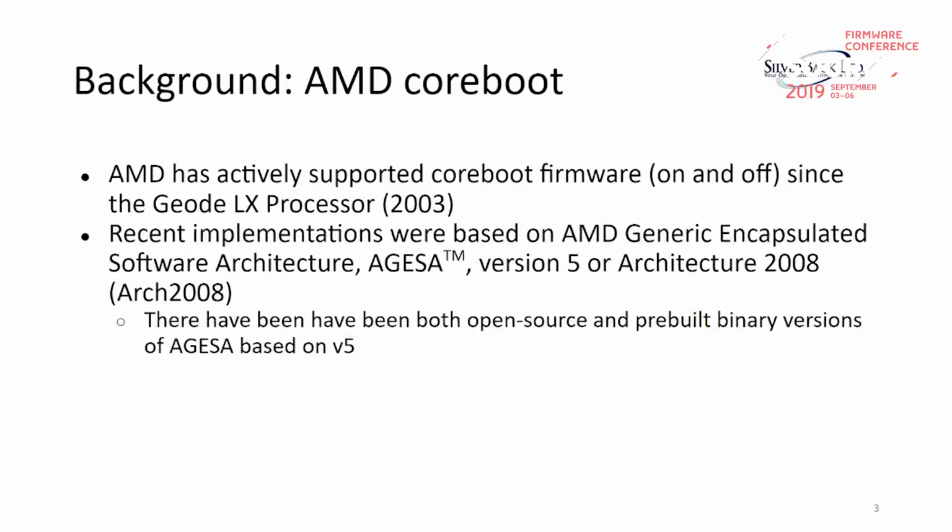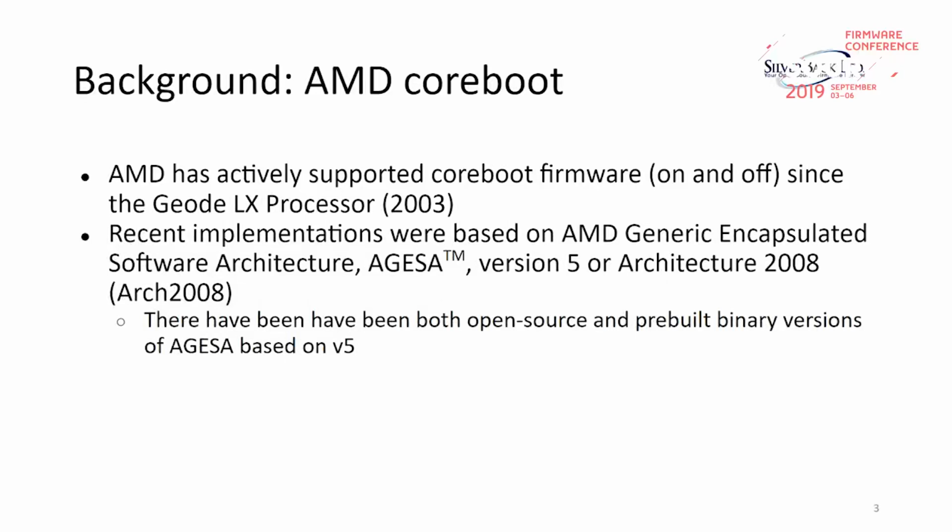One of the things that's come up is, I don't know if you've ever heard of their reference code, it's called the AGESA, AMD's Generic Encapsulated Software Architecture. There's a test later. And all of the coreboot support except for the GLX is based on something called Architecture 2008 or version 5.